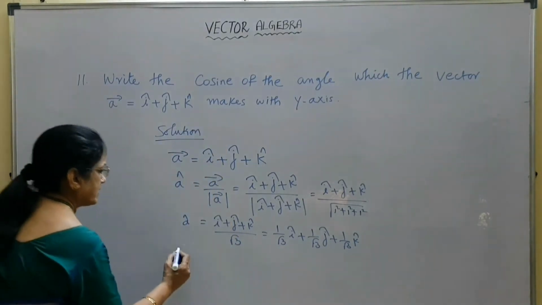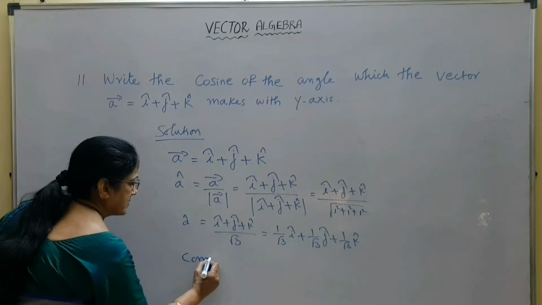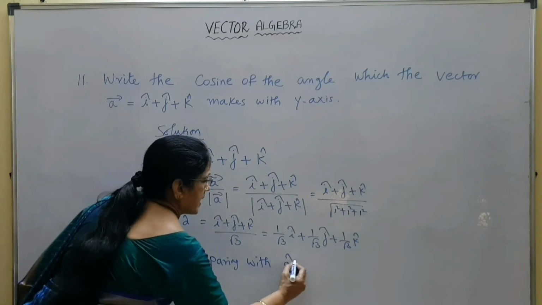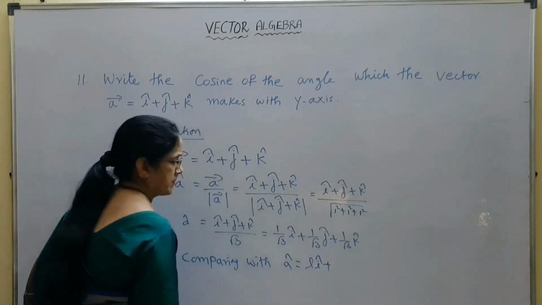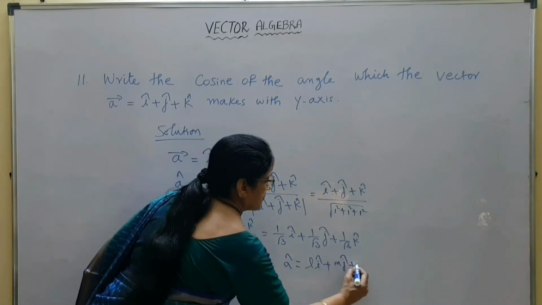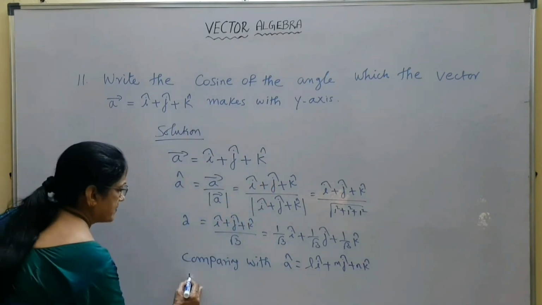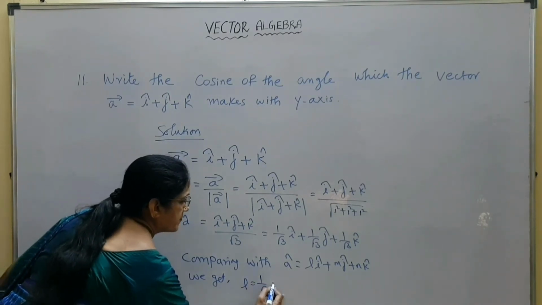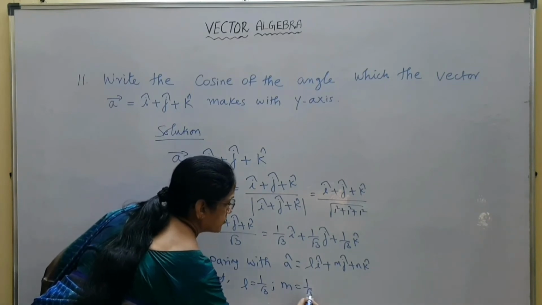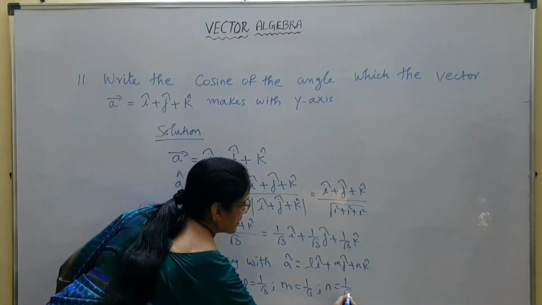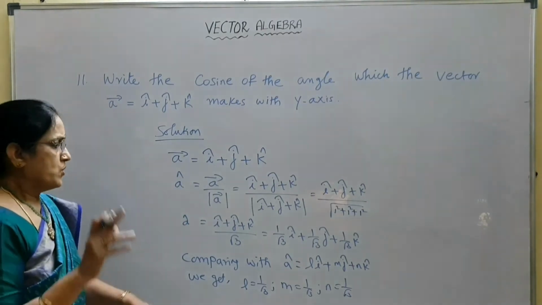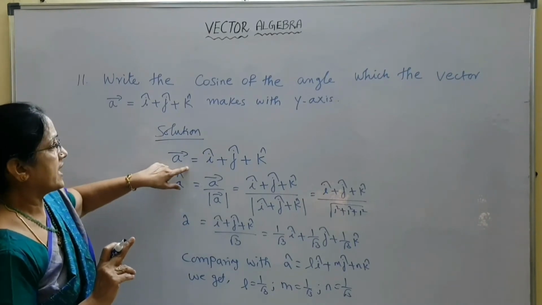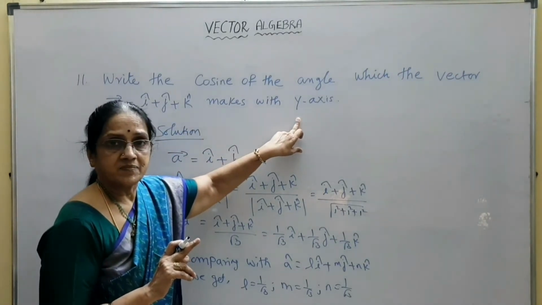So, comparing with A cap is equal to L i cap plus M j cap plus N k cap, we get L is equal to 1 by root 3, M is equal to 1 by root 3, N is equal to 1 by root 3. Now, you need to find out the angle made by this vector A with the y-axis.